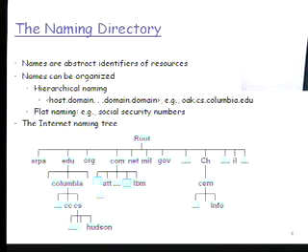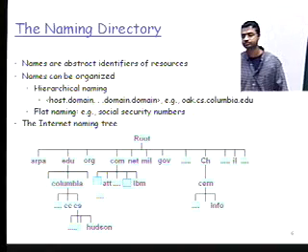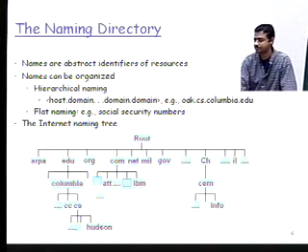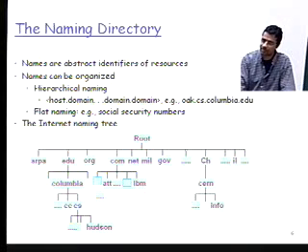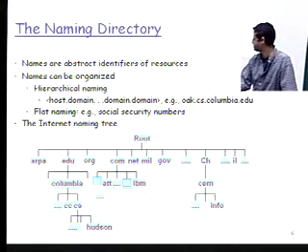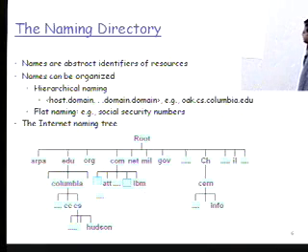But the top level server for edu will know where the right name server for columbia.edu is. So it won't have information about the entire Columbia domain. The top level edu may not know Columbia, but it will know who knows that. So it'll refer you to the correct name server. Again, we'll get to those details.